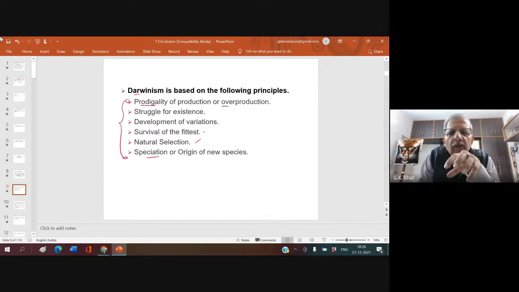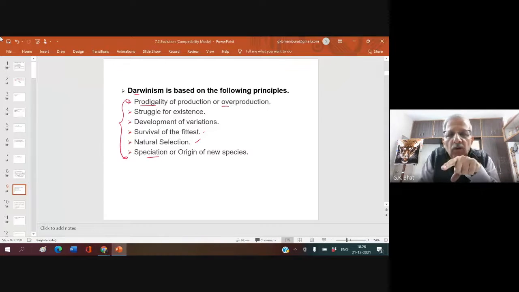The one which develops a favorable variation wins in this struggle. The animal which wins with the favorable variation is categorized as the fittest one, and this is known as the survival of the fittest. Who is going to decide about this?